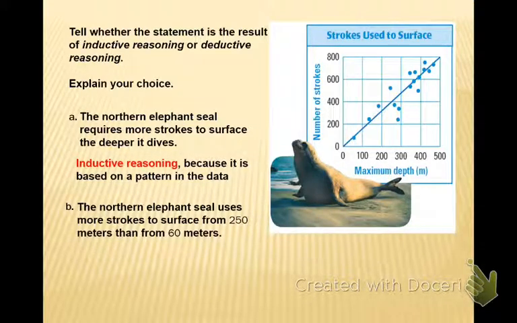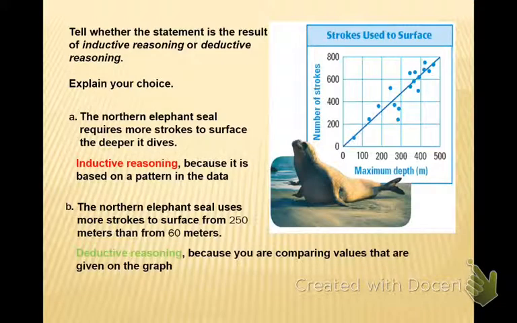Okay, if we were to say the northern elephant seal uses more strokes to surface from 250 meters than from 60 meters, okay, then we would be using deductive reasoning.